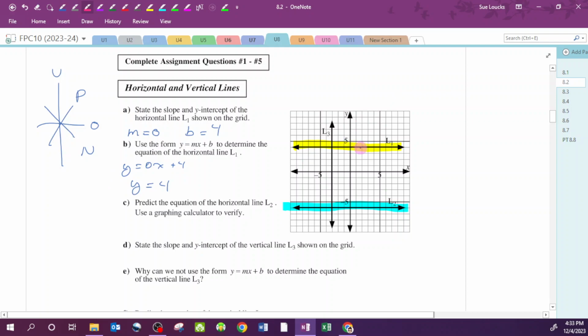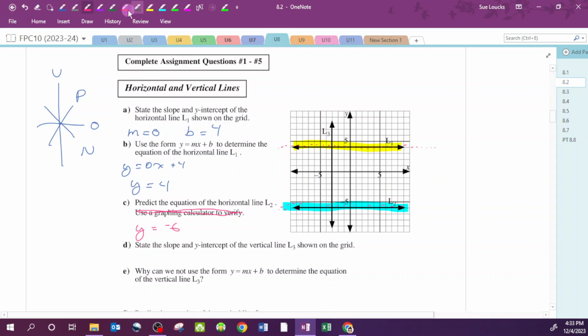For every point on this line, the value of y is 4. We don't care what the value of x is, but the value of y is 4 for all of them. So looking at this one, what's the value of y in every dot on that line? It's -6, so this is y equals -6.